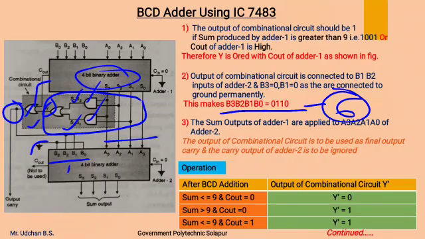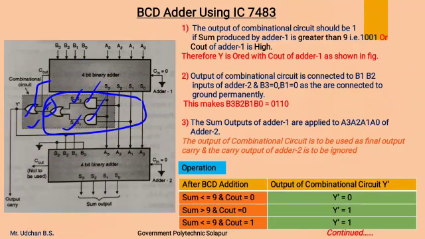After the BCD addition performed by this adder, if the sum is less than 9 and C out is also 0, then we will get Y dash as a 0. I will show you with an example.